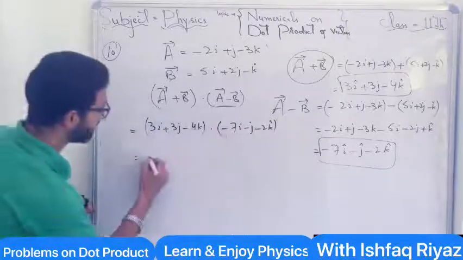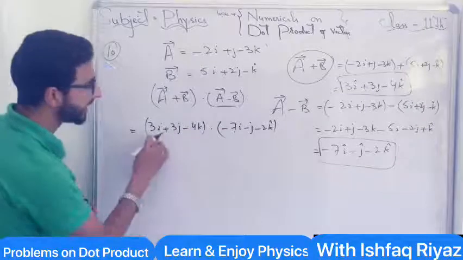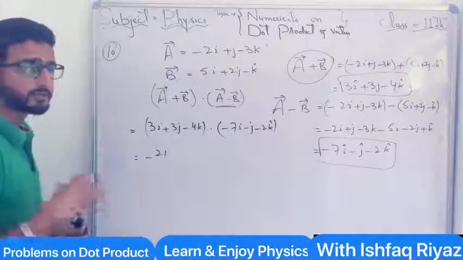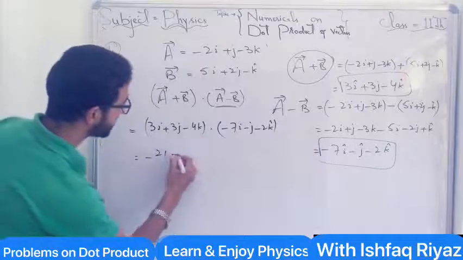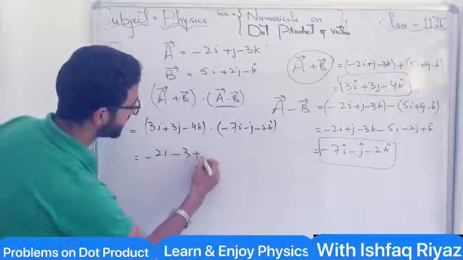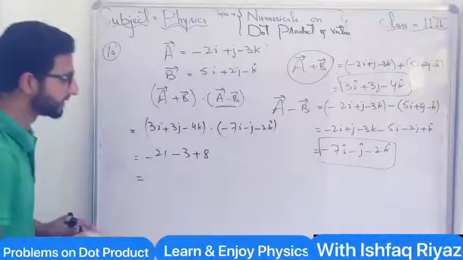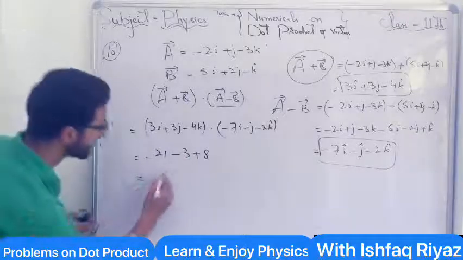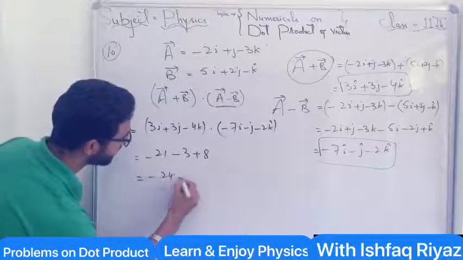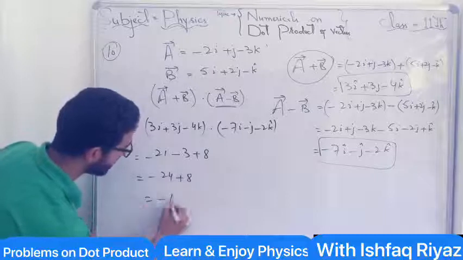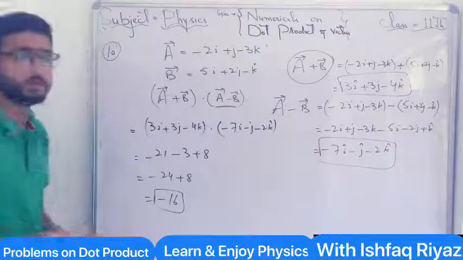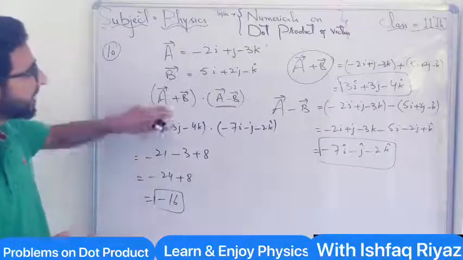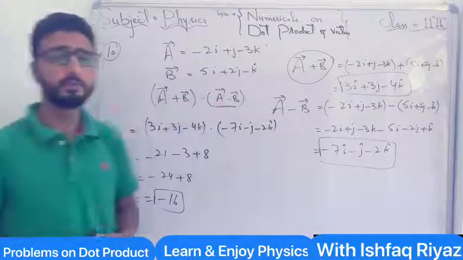So this is minus 21, i dot i is 1, rest of the terms will vanish out. So this is minus 3, this is plus 8, right? So this is minus 21 plus 3, that is minus 24 plus 8, that is equal to minus 16. This is the dot product of a plus b with a minus b, right?